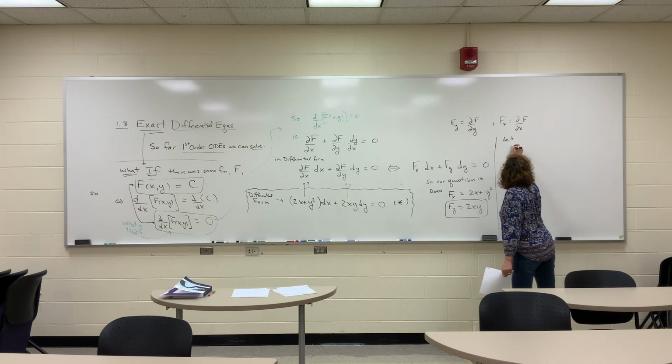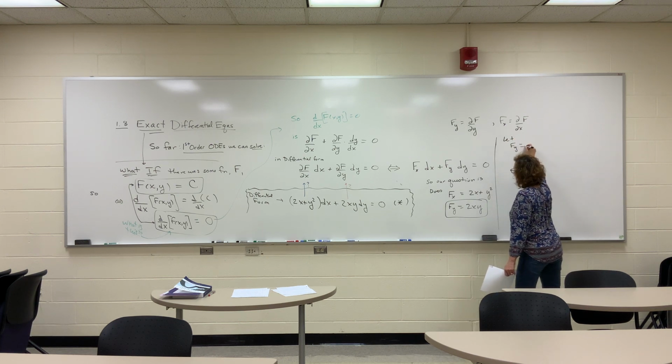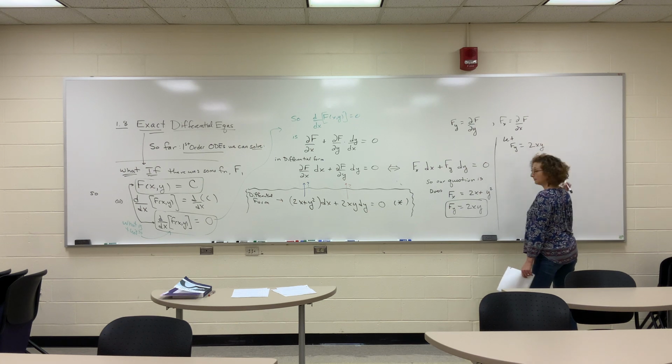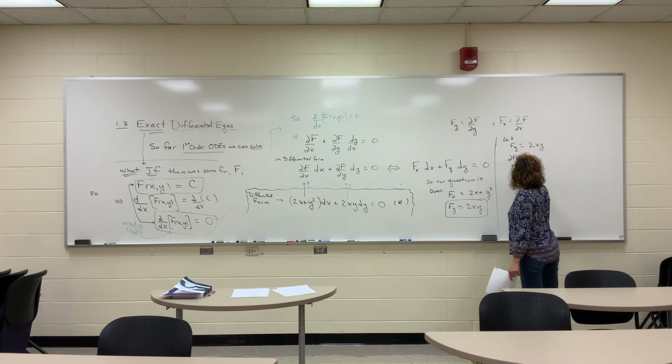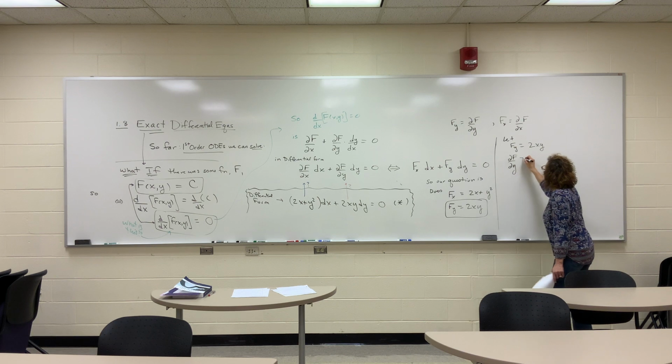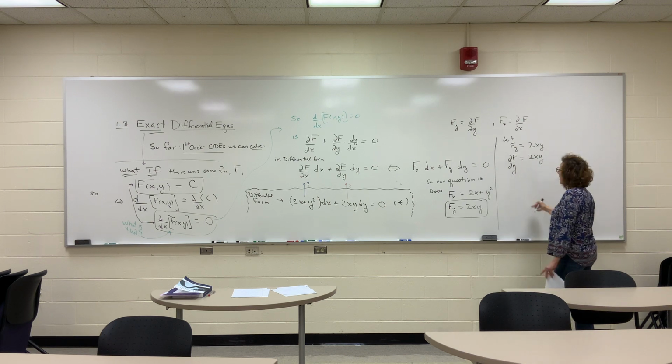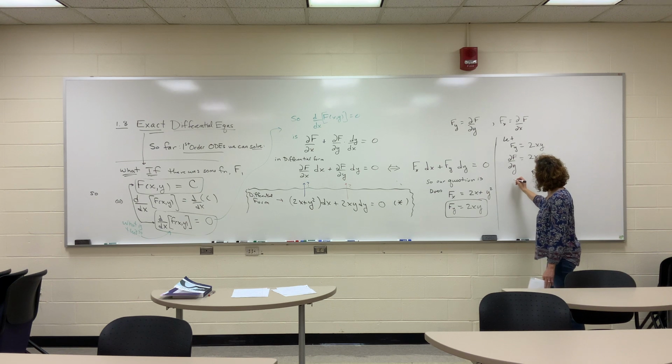Okay, so let fy equal 2xy. What does that mean? The partial derivative of f with respect to y is equal to 2xy, yes? How did you take that partial derivative? You pretended x was a constant, and took the derivative of f with respect to y. So if we want to figure out what f is, we can undo the derivative in the same kind of way that we would do with calculus.